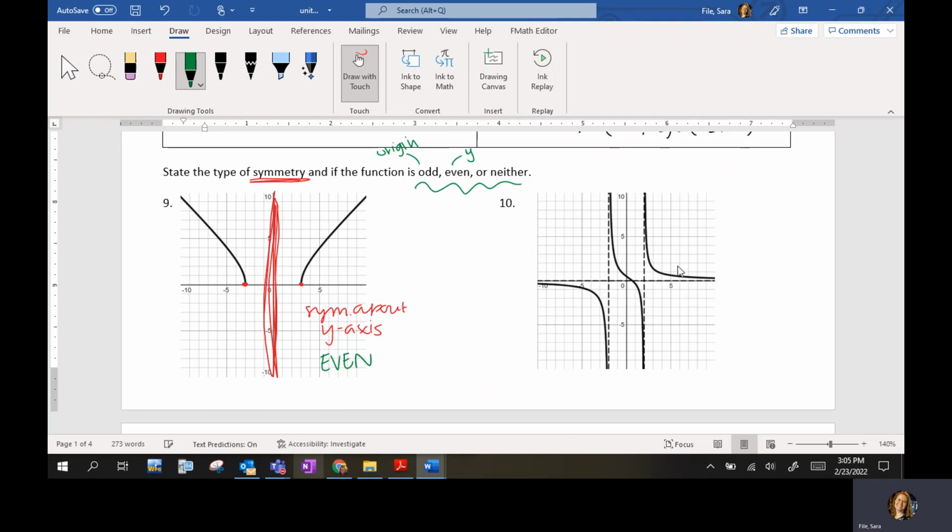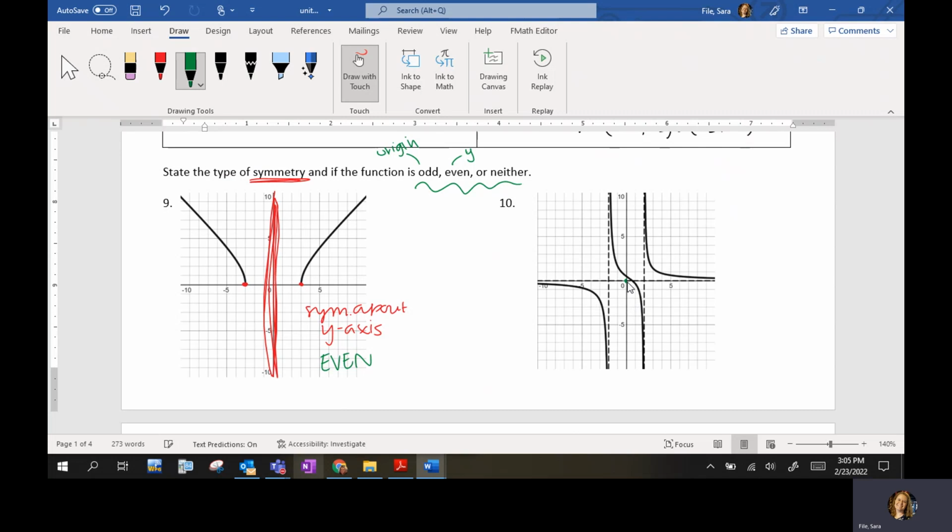Now in number 10, this graph, if I folded it over the y-axis, they would not align. If I folded it over the x-axis, they would not align. But if I rotated this graph around the origin, oh, you know what? That is slightly off the origin.